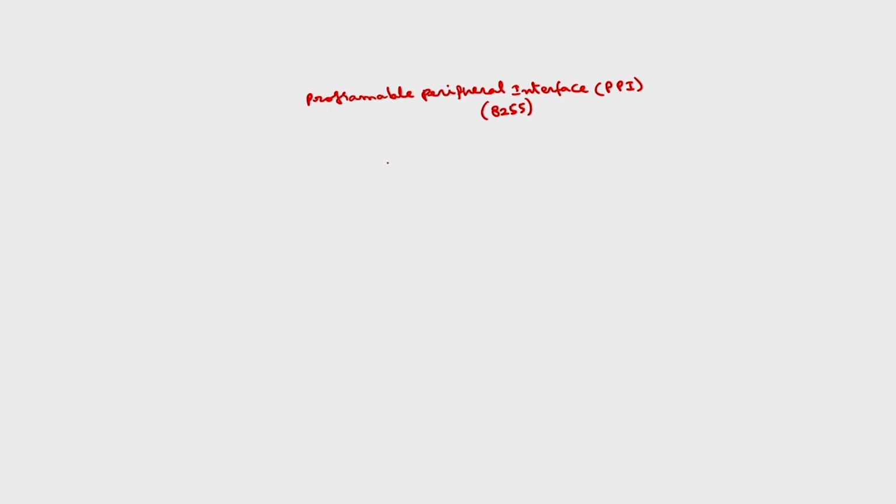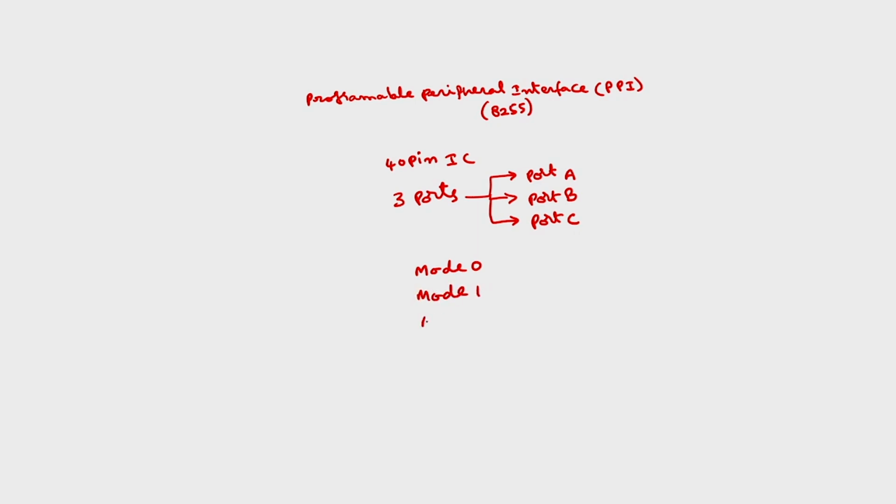So, 8255 is basically a 40 pin IC with 3 ports called port A, port B and port C. Each port can be programmed as an input or output port, because we can use input devices as well as output devices to communicate with the microprocessor. It can operate in 3 different modes called mode 0, mode 1, mode 2.